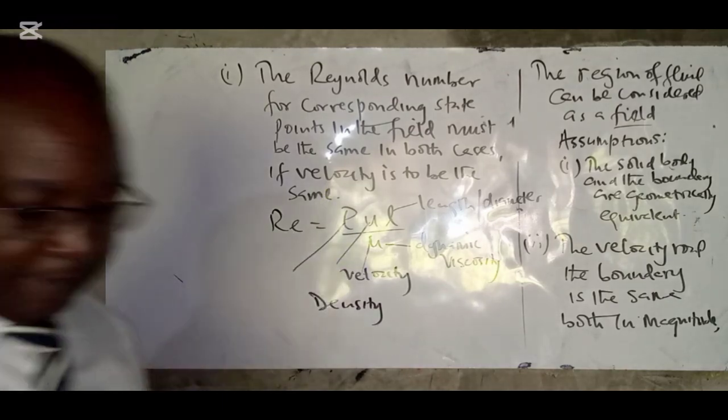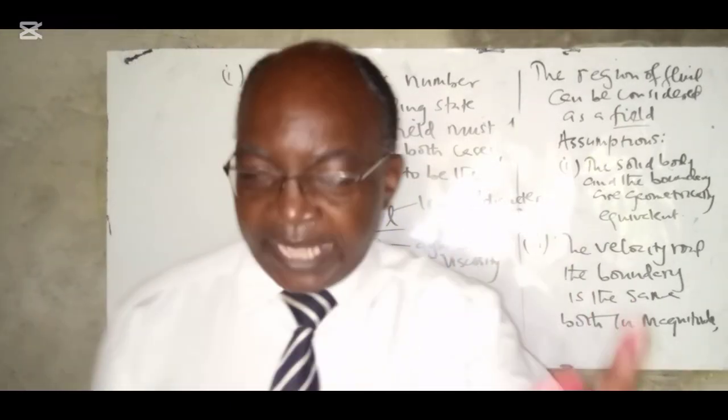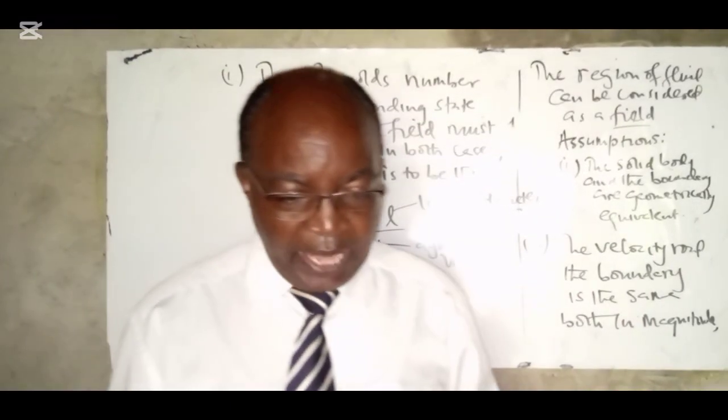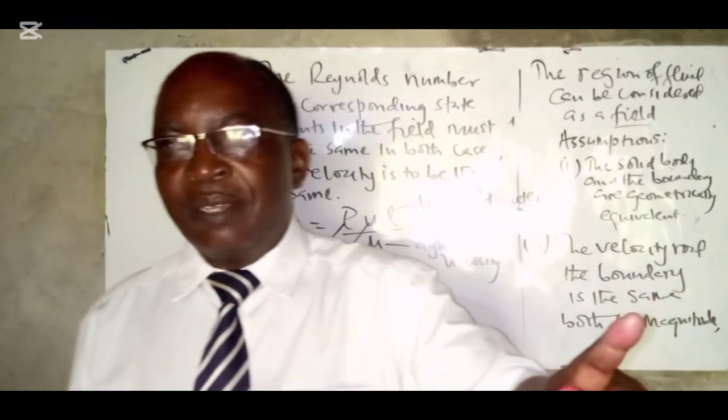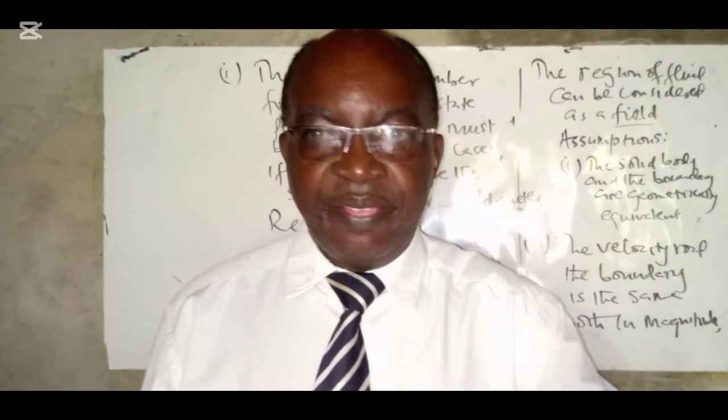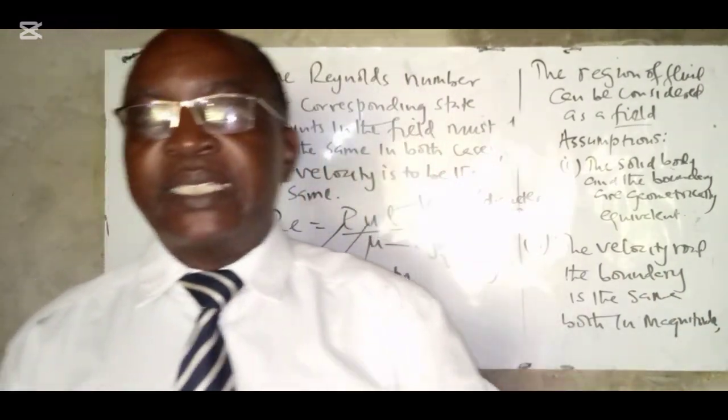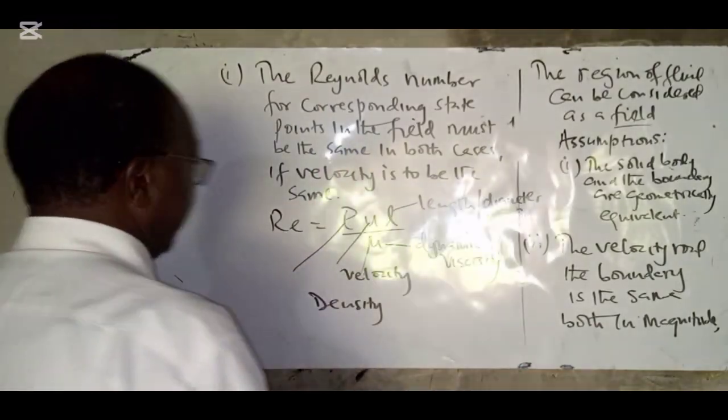That's Reynolds number. The second thing is that if the temperatures are to be the same for corresponding state points in the field, then the Prandtl number must be the same.